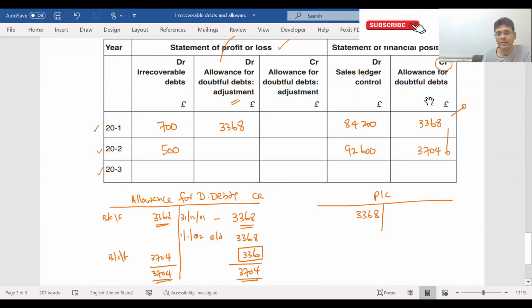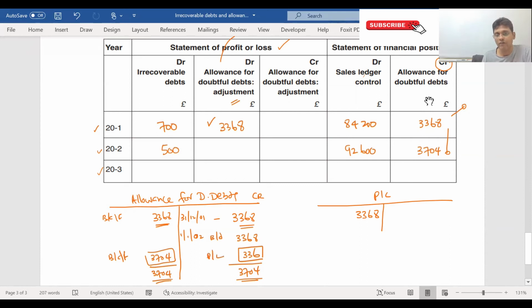336. Okay, so we have already charged 3368 to the profit and loss account. Again, we can't charge the amount that we calculated, 3704, as the closing balance, because we have already charged the opening balance. So only the difference has to be charged to the profit and loss account.